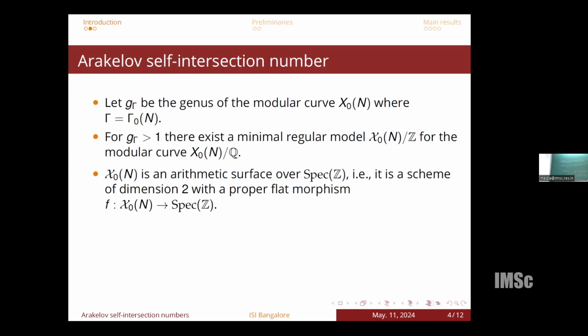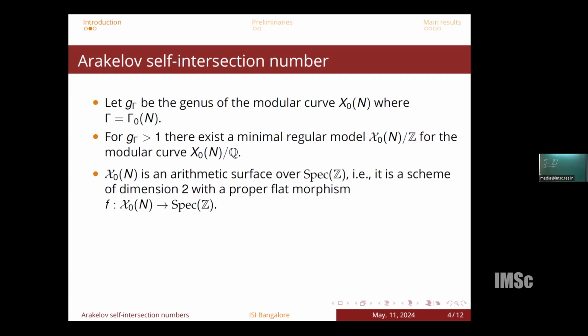Suppose this is your arithmetic surface and this is your Spec Z, and there's a map from here to here. For any prime p here, there's a fiber over p. Suppose this looks like this, with two vertical divisors.